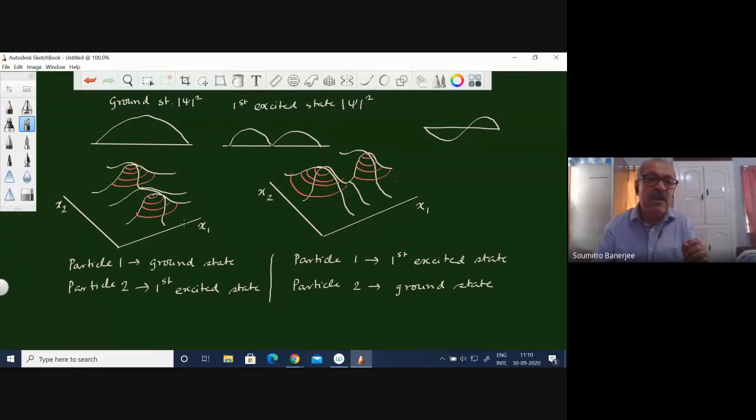X1 at this point and x2 at that point has a particular value of probability, and all these points share the same probability. So we have an equiprobability line. Similarly, this is an equiprobability line. This is an equiprobability line. And similarly, there will be such equiprobability lines in the other peak also. There are two mountains oriented this way, and these are the equal probability lines.